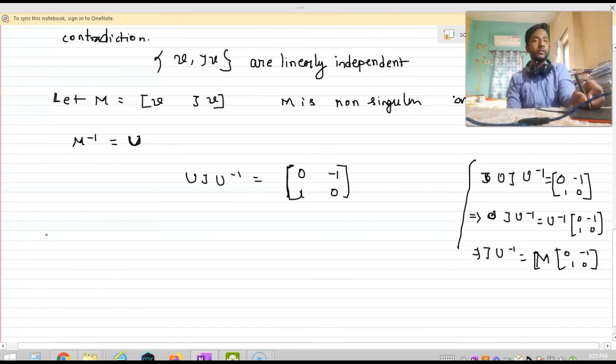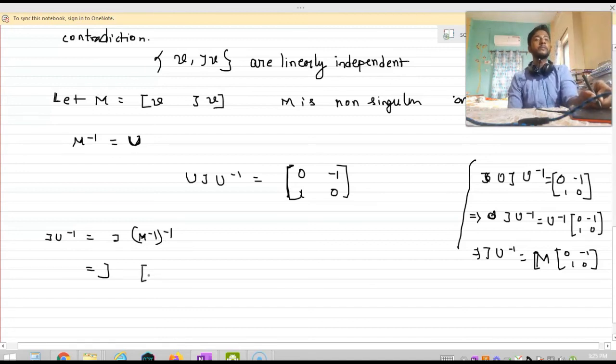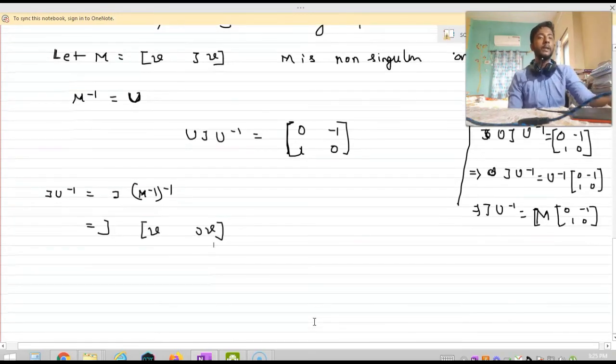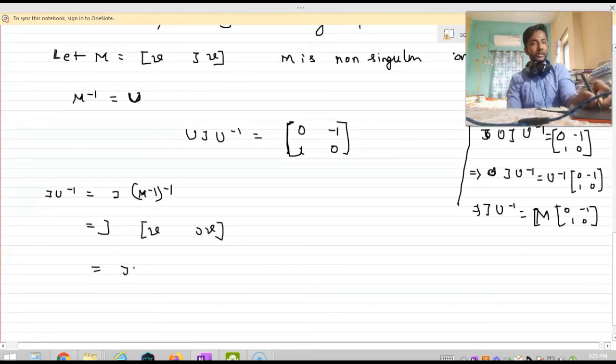So let me start with J U inverse. The value of U inverse is M inverse's whole inverse, so this is J into M. The value of M is [V, JV]. If we multiply J with this matrix, we will get [JV, J square V], right?